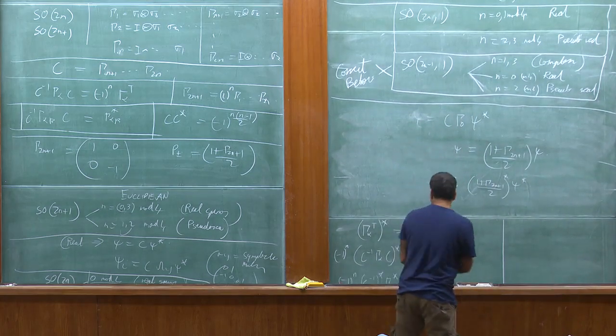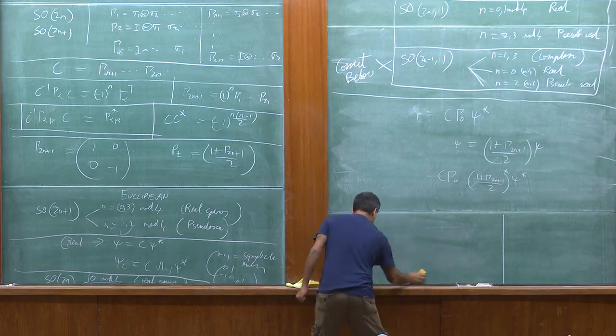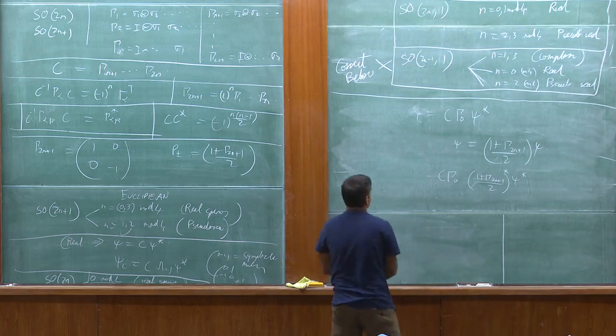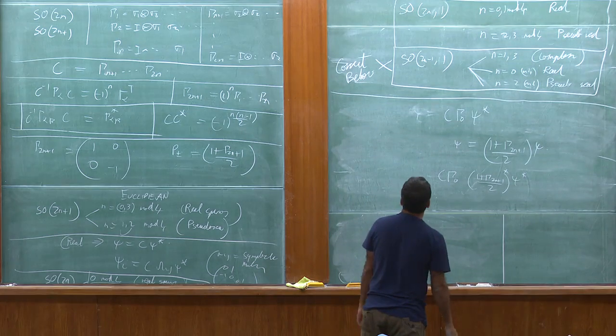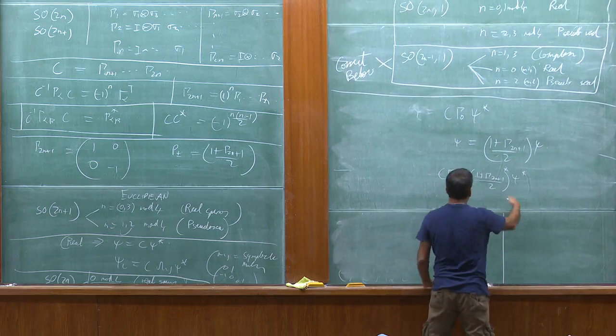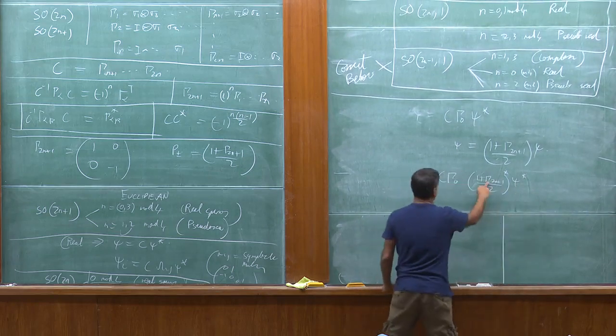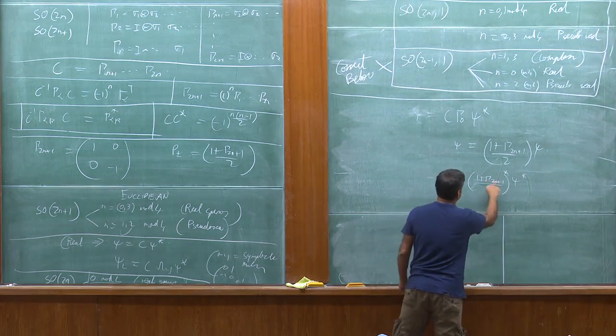Okay. Now, what do I know about starring? The half, of course, just goes through. I want to know how this goes through gamma 2n plus 1.